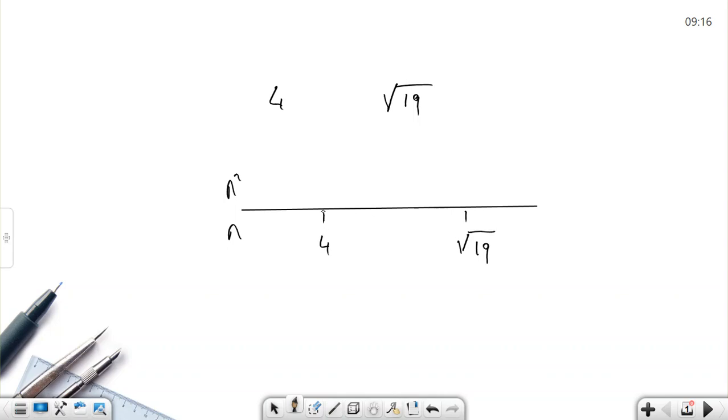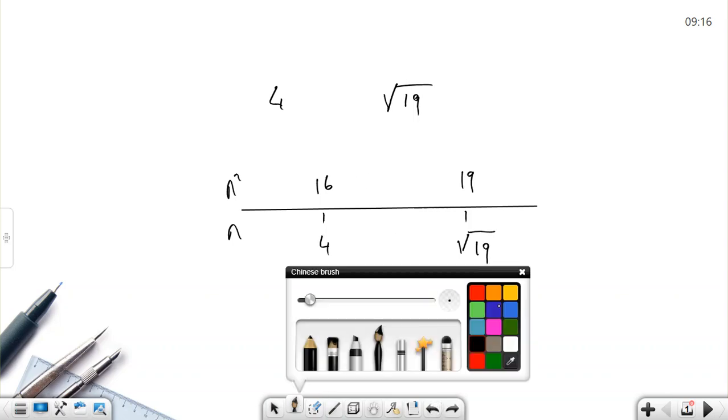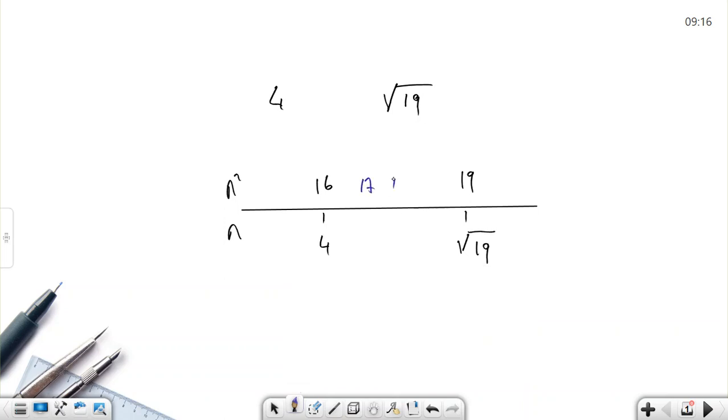So 4 squared is 16, and the square of the square root of 19 is 19. So here I have lots of numbers between them. Let's use another color. Between 16 and 19, I have 17 and 18. These are integers, so these are the squares of my numbers. So what is the number here?